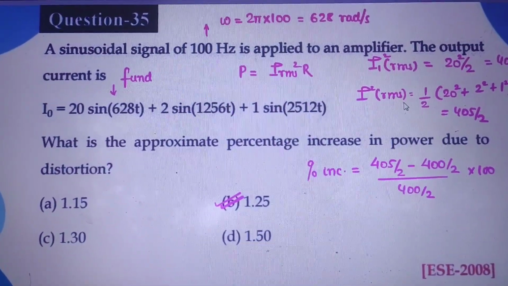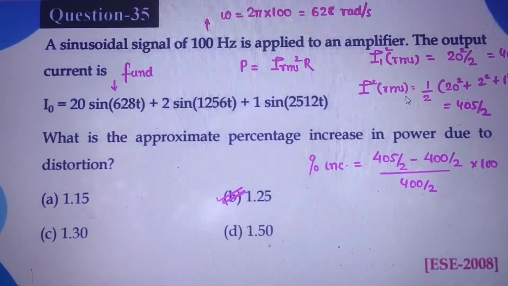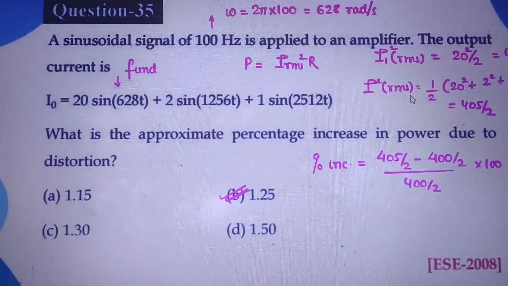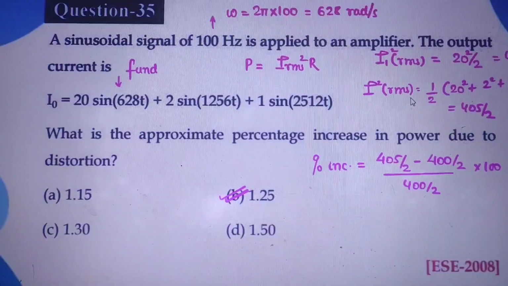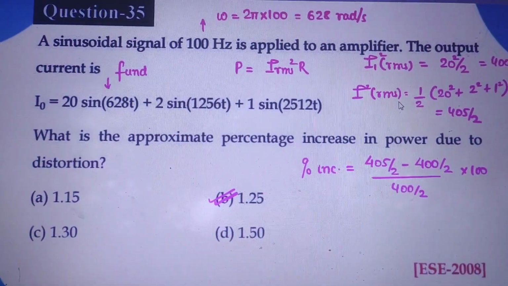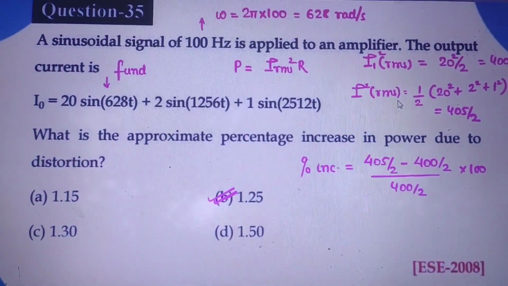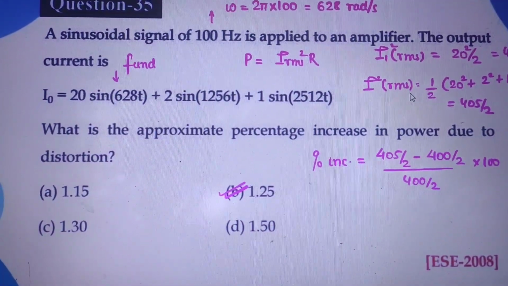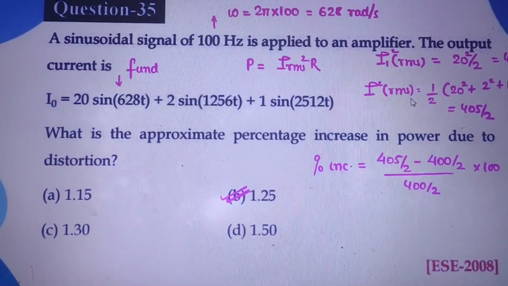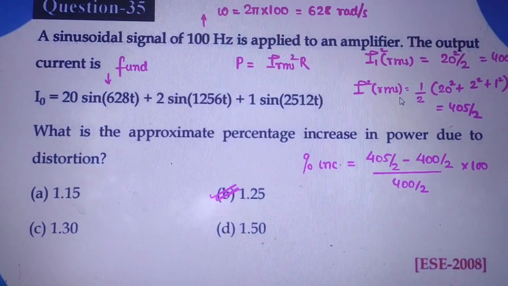If you multiply that 628 term by 2, you will get 1256. That is the second harmonic component. And if you multiply the 628 term by 4, you will get 2512.